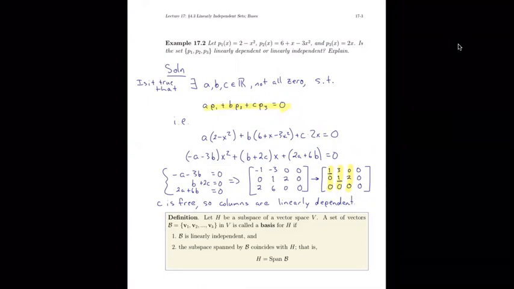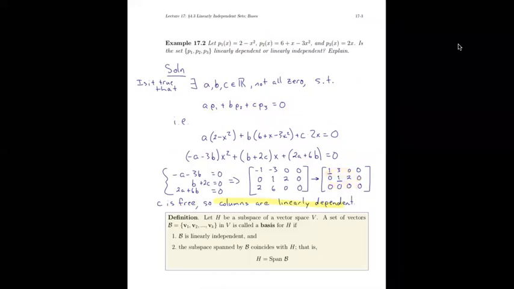Well, we didn't find any because we haven't picked a value for C, and we haven't written down what A and B are in terms of C, but we could easily do that. But we don't need to, because we know that we have a free variable. C is free, so we know that the columns are linearly dependent in this matrix.